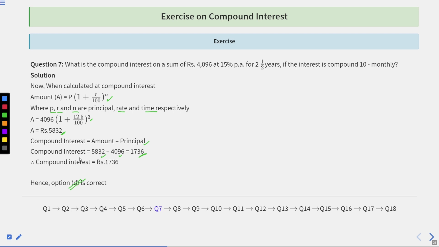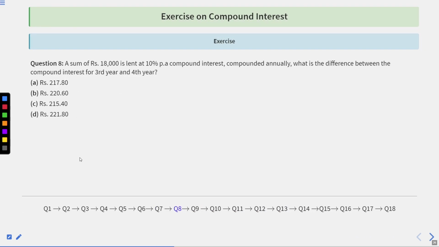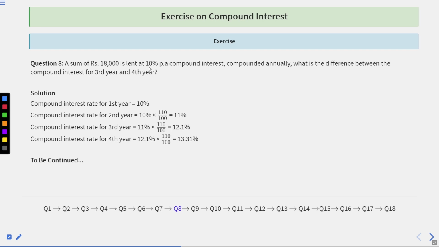Question number 8. A sum of rupees 18,000 is lent at 10% per annum compound interest, compounded annually. What is the difference between the compound interest for third year and the fourth year? So compound interest for the first year will be 10%, and the compound interest for the second year will be 10% into 1 plus 10 upon 100, which is 11%.